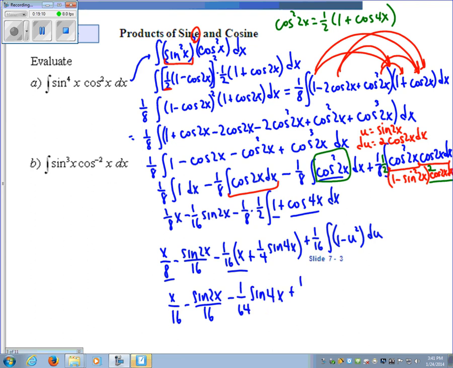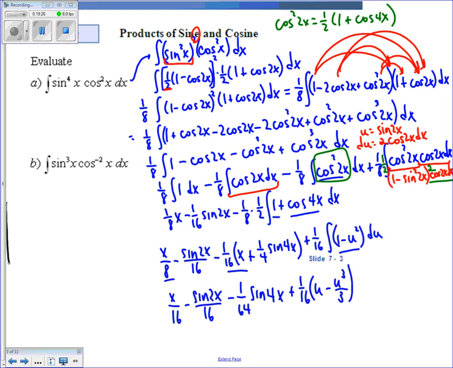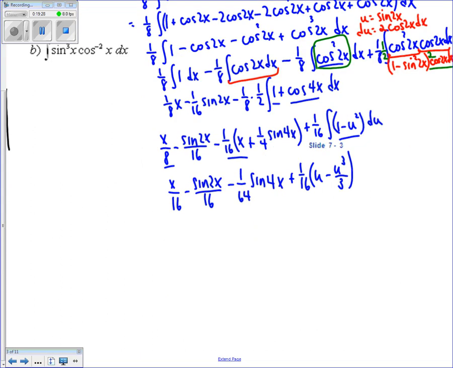And now I have plus 1/16, and I'm going to take the antiderivative of this, which will be u minus u cubed over 3. I'm not going to worry about my plus c until the very end. Okay, so now I've got x over 16 minus sine of 2x over 16 minus sine of 4x over 64 plus.